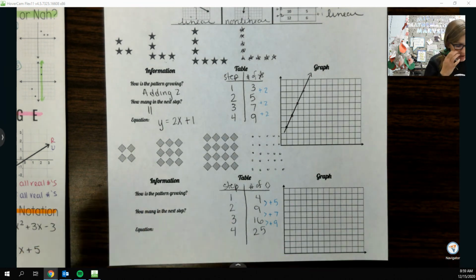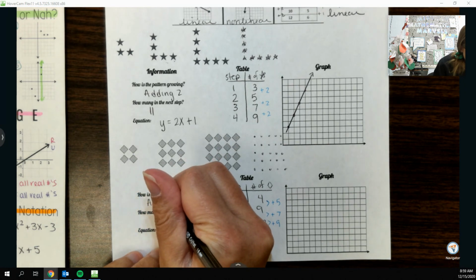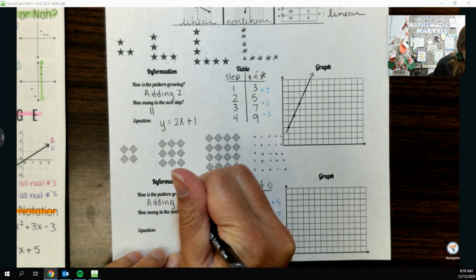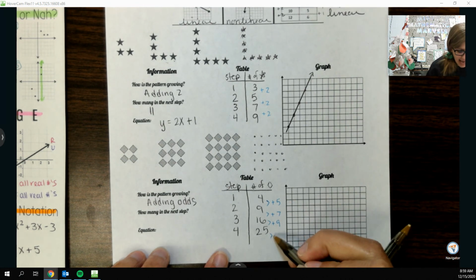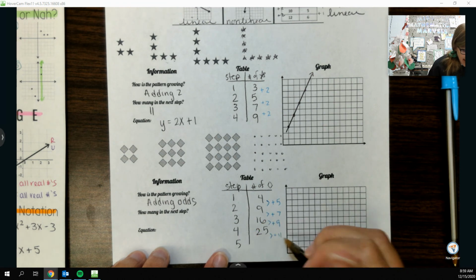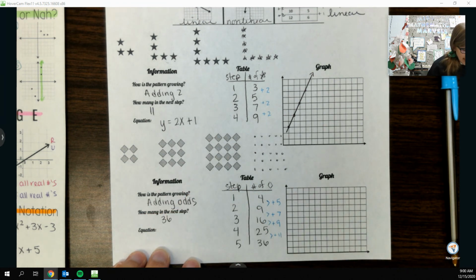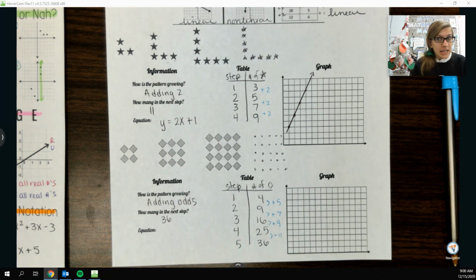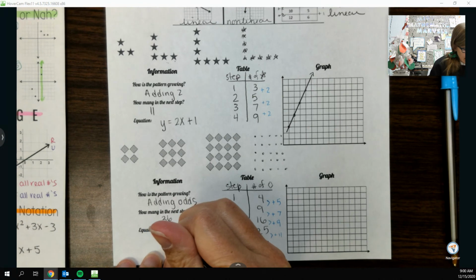But it is sort of following a pattern of like adding odds. And so since that's the pattern, I would have to add 11 on the next one. And so that means the next step would be 36. And we don't need to worry about equations so much on this one, but it is important to know that it's nonlinear.